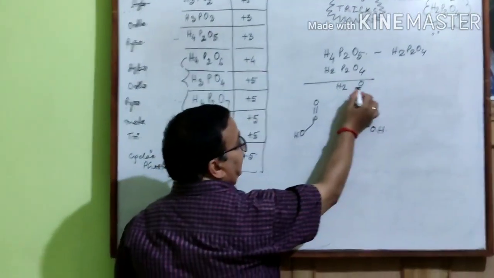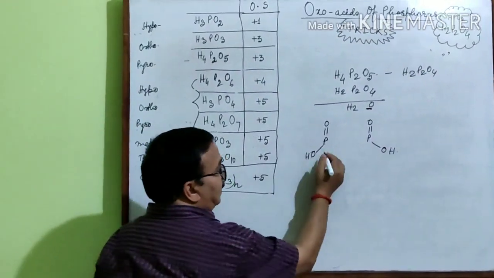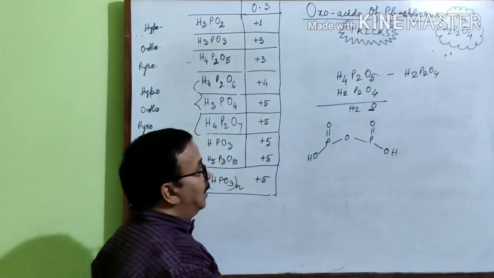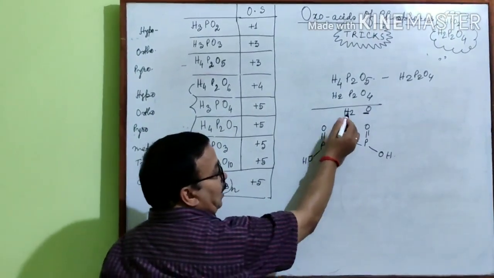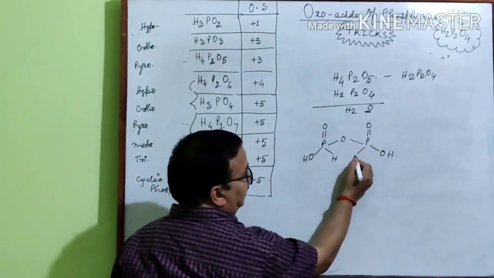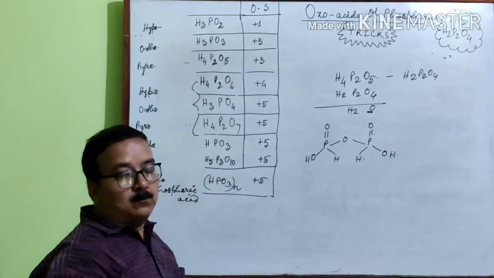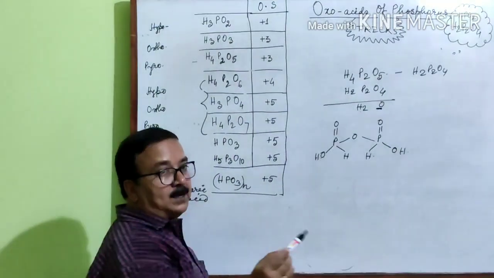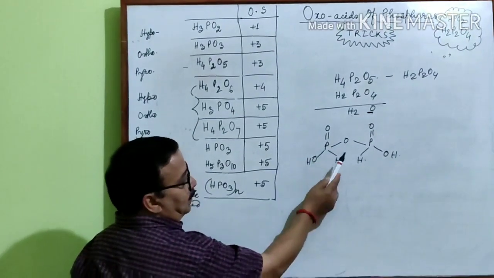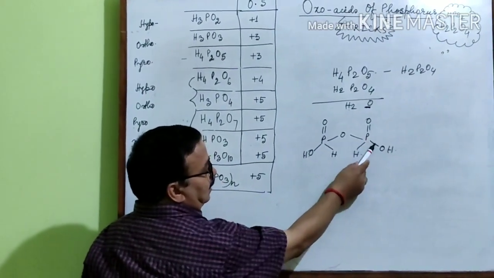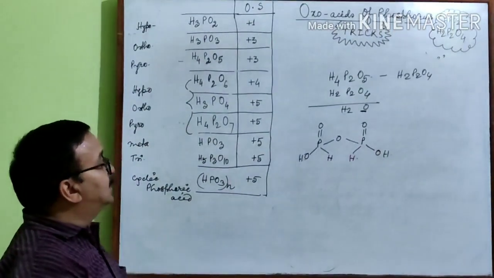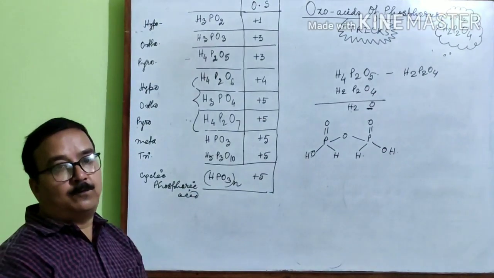So this oxygen atom which is left is in between these two phosphorus atoms, and of the two hydrogen atoms, one hydrogen is attached here, the second hydrogen atom is attached here. Count the number of bonds formed by each phosphorus atom: 1, 2, 3, 4, 5. Here 1, 2, 3, 4, 5. Valency is fulfilled. Now this is the structure of H4P2O5.